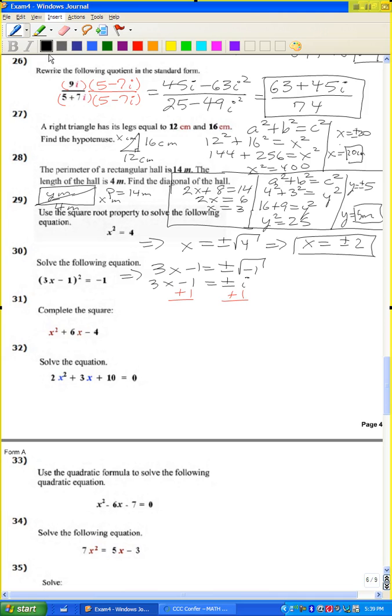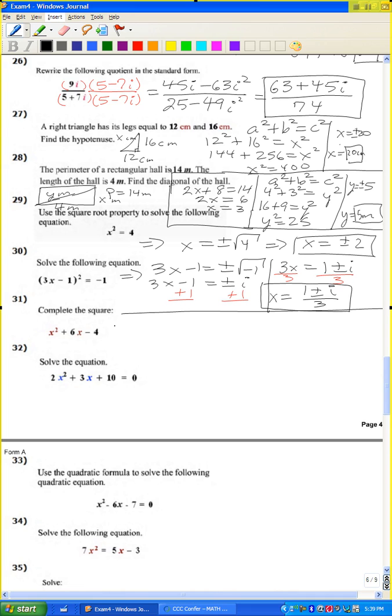I have that 3x is equal to 1 plus or minus i. Divide by 3. So x is equal to 1 plus or minus i over 3. And that is your answer.